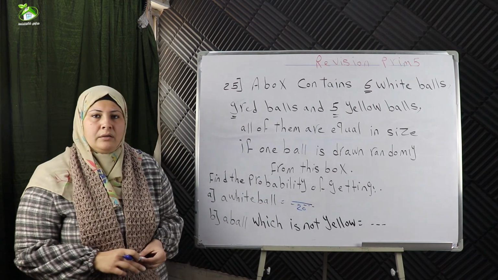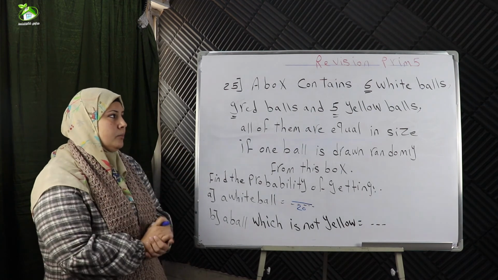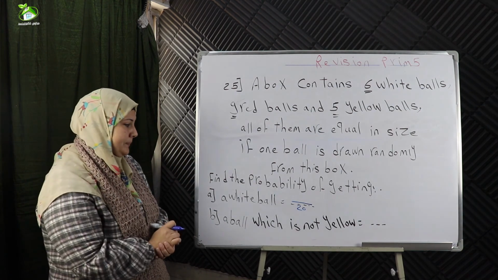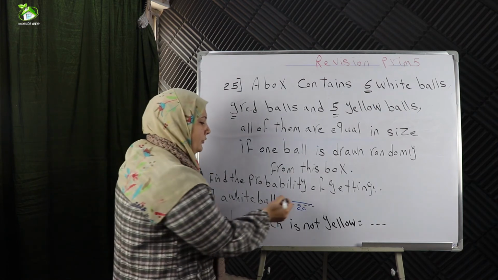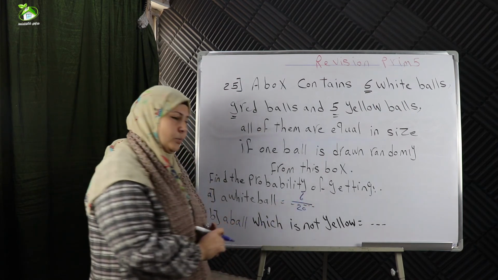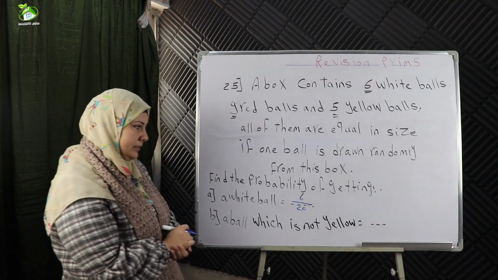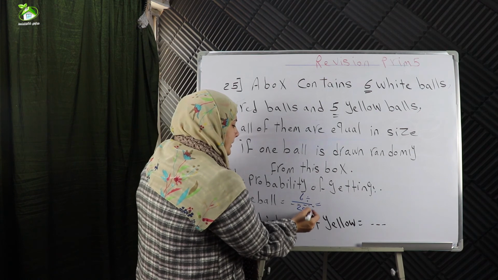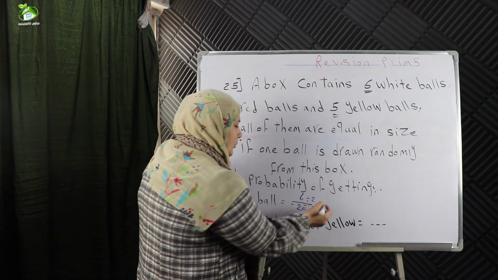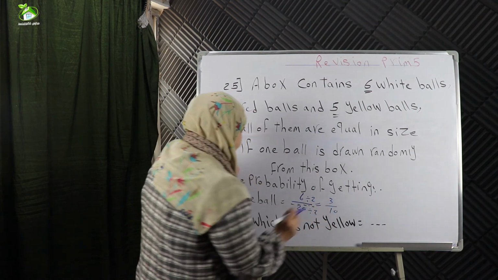In the denominator, I write number of all balls. White ball, 6. So the probability of white will be 6 over 20. We can simplify this fraction by dividing both numerator and denominator by 2. The probability will be 3/10.